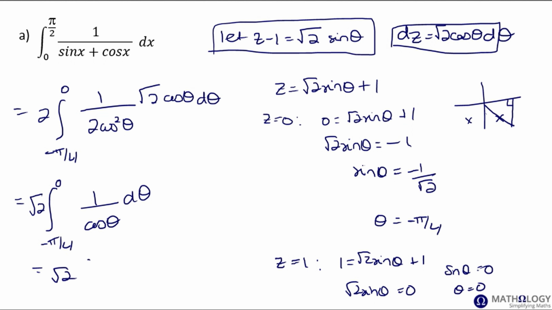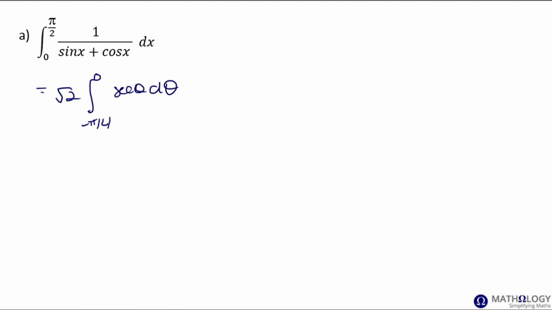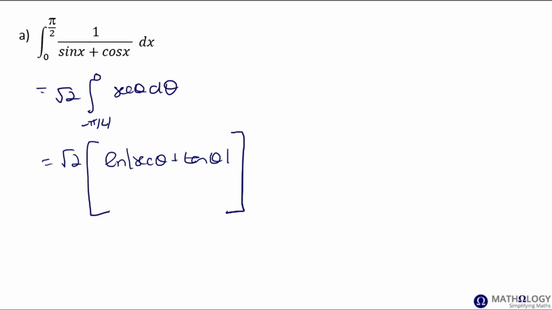So that's root 2 integral from minus pi by 4 to 0. 1 over cos theta is sec theta. That equals root 2 times the integral of sec theta, which is ln sec theta plus tan theta. And we do not have an integration constant because we have a finite integral here.